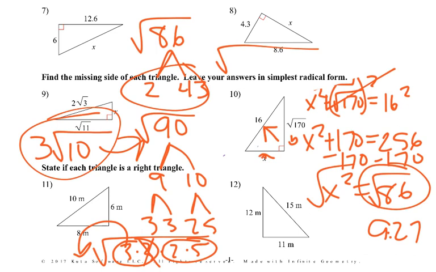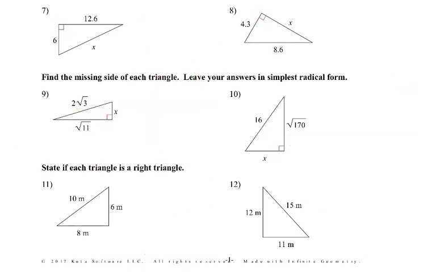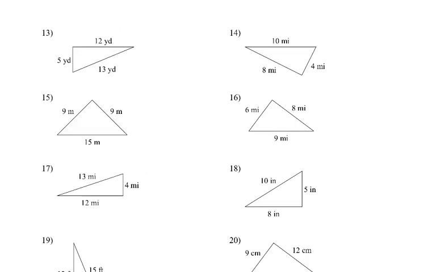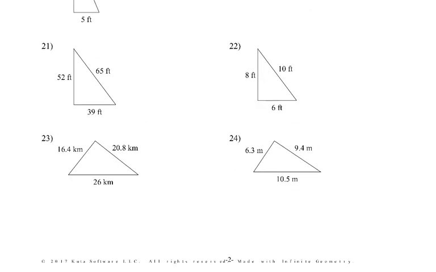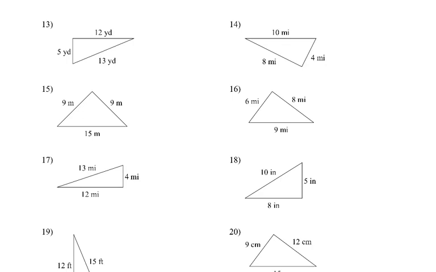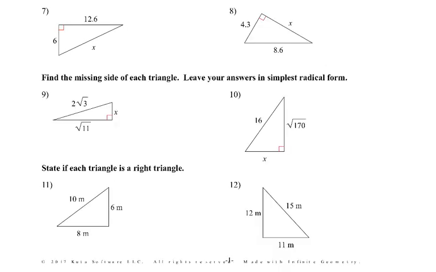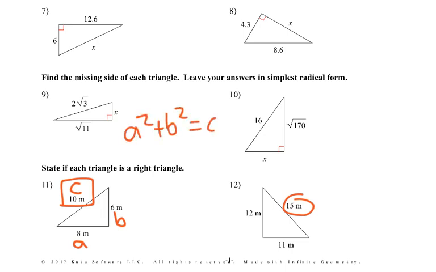Alright, now the next group. So 11, 12, and then all these guys, well, that's a lot of them. We're deciding if each triangle is a right triangle. So we want to see, we have A and B and C, because that's the biggest number, it'll be C. Automatically the biggest number is always C. So I want to see if A squared plus B squared equals C squared.